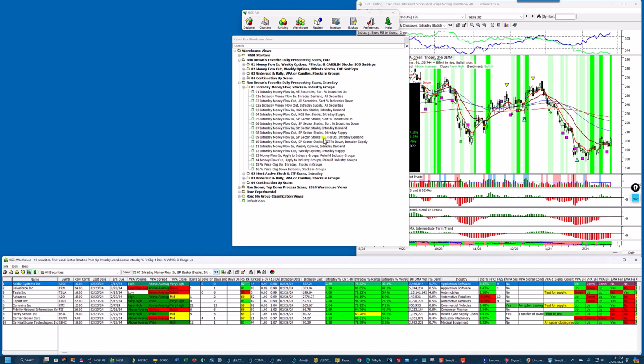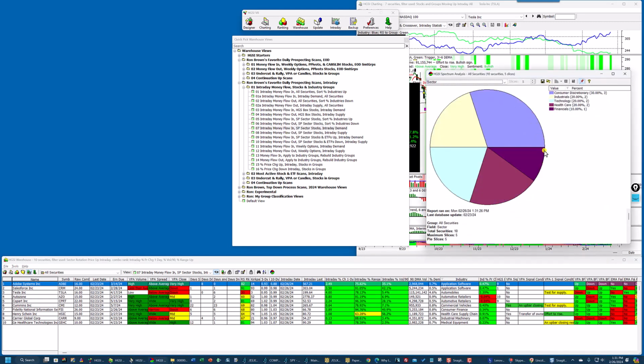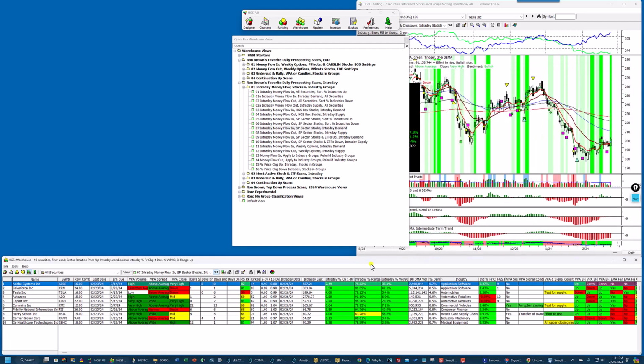And I call this sector stocks. I got rid of the sector designation because I didn't think we needed it, and I wanted to show the VPA information here and also the trends. But if you really need to see what sectors are involved, just drop in here and you can see the breakdown of the sectors.